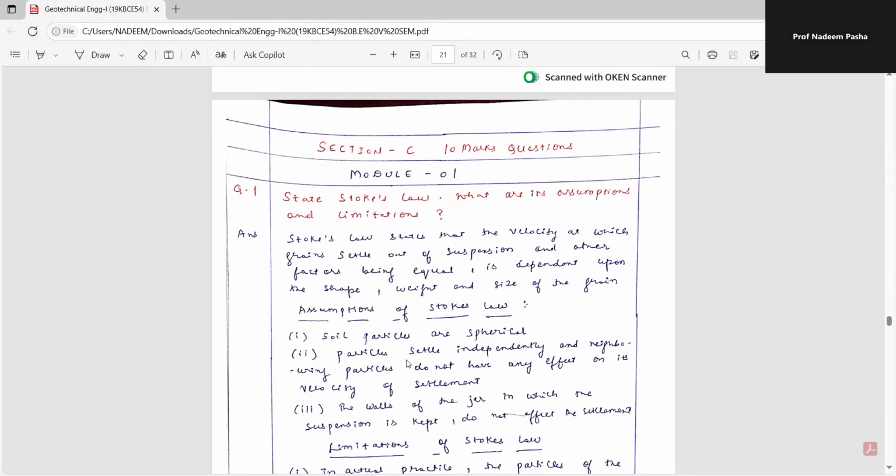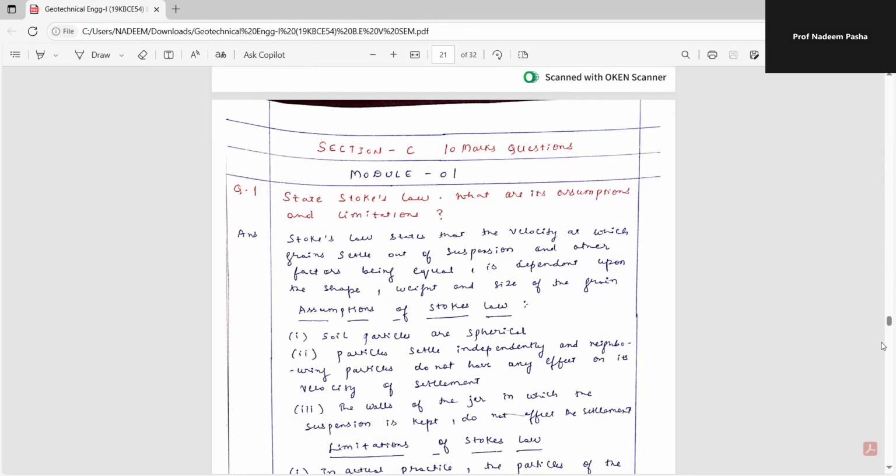Next, particles settle independently and neighboring particles do not have any effect on the settlement. The walls of the jar in which the suspension is kept do not affect the settlement.